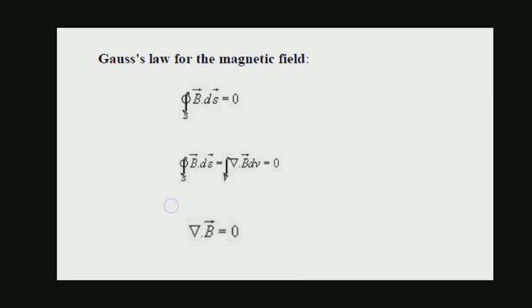That is closed integration over S of vector B dot vector dS is equal to integration with respect to v of del dot vector B dv, which is equal to 0. So by applying divergence theorem, we can write this. So del dot vector B is equal to 0, which is the Gauss's law for the magnetic field in point form.